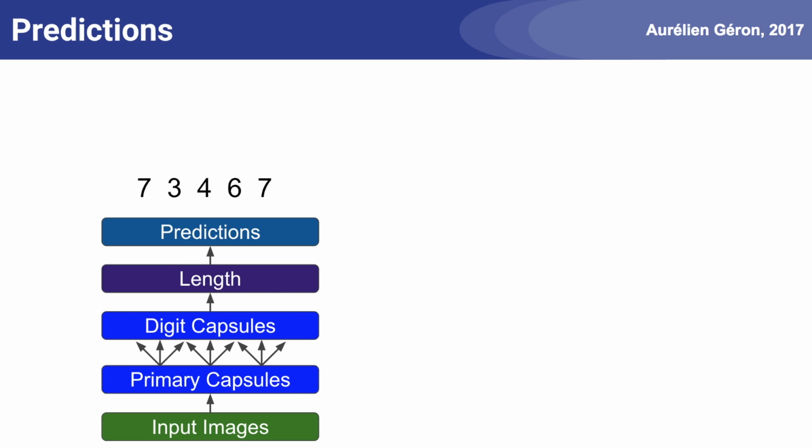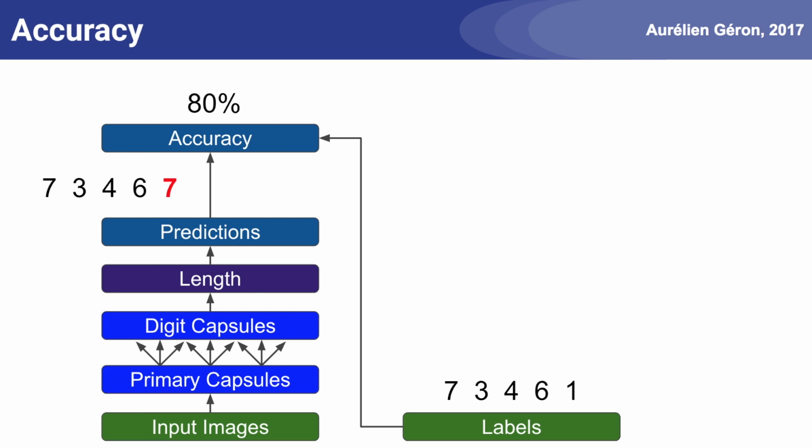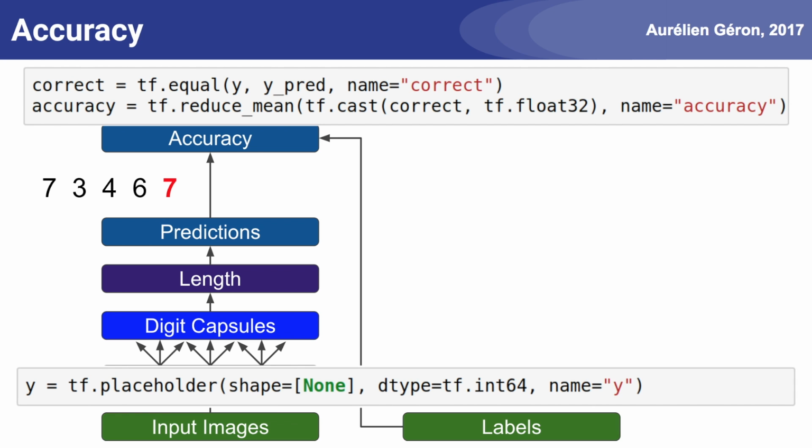Great! Now we have a capsule network that can estimate class probabilities and make predictions. We can measure the model's accuracy on the batch by simply comparing the predictions and the labels. In this case, the prediction for the last digit in the batch is wrong. It's 7 instead of 1. So we get 80% accuracy. Now, the code is really straightforward.